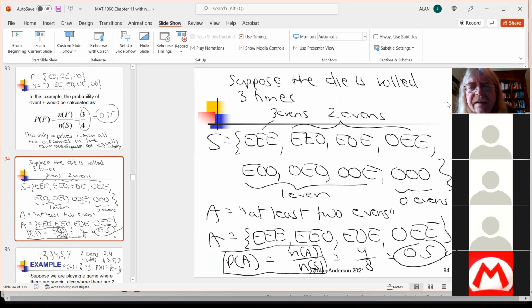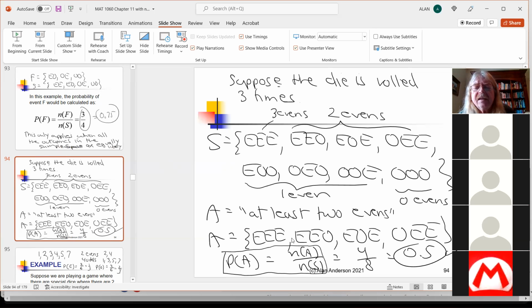So let's say that in this game, I'm rolling the die 3 times and I only get a prize if I get at least 2 evens. At least 2, of course, in this case means 2 or 3. Because of the way I've written this sample space, it should be clear that A represents all the elements in this top row, where I've got either 3 or 2 evens. And I've written it down here.